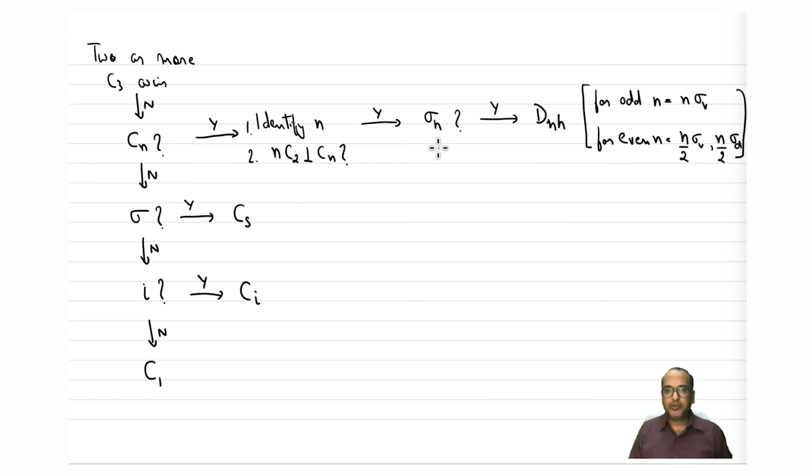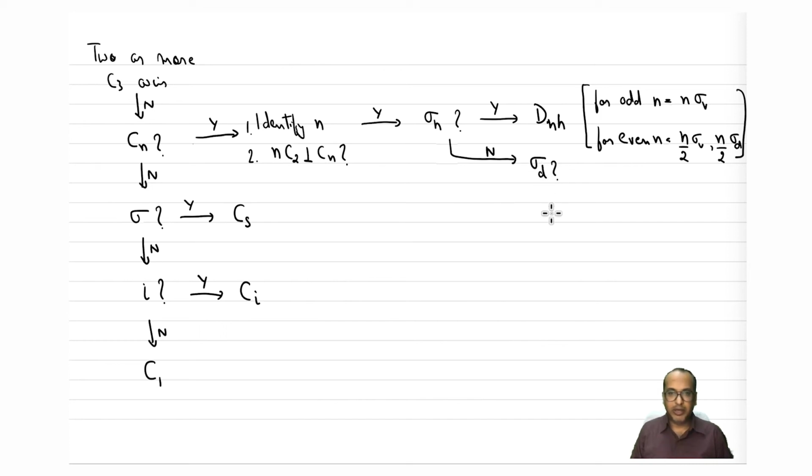Now let's go to the case where there is no sigma h. So if there is no sigma h, then does the molecule contain a dihedral plane of symmetry? Let me write it over here.